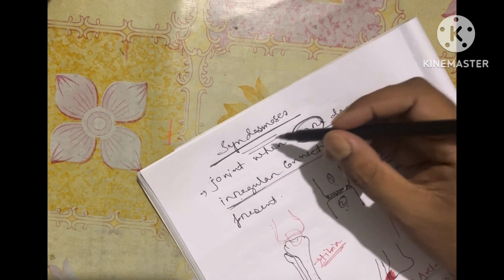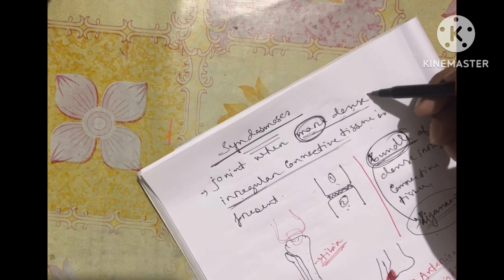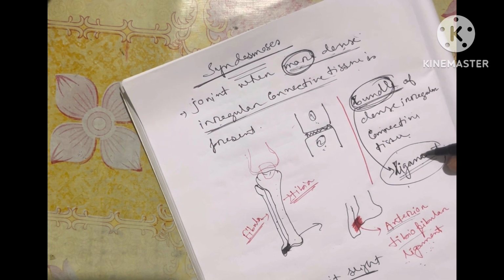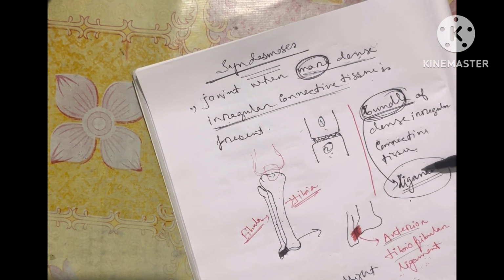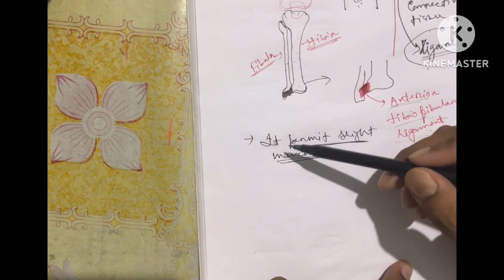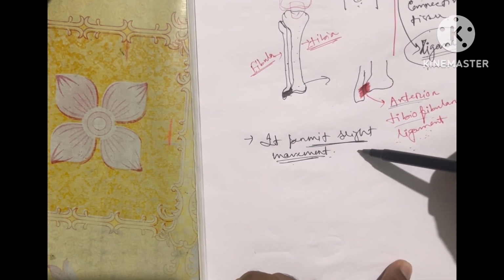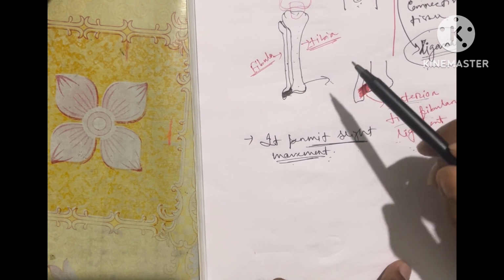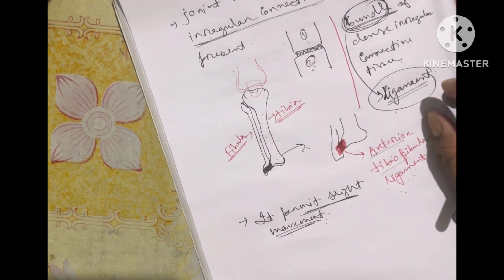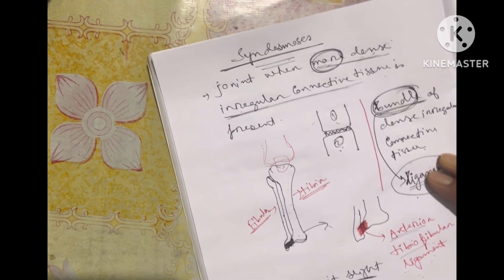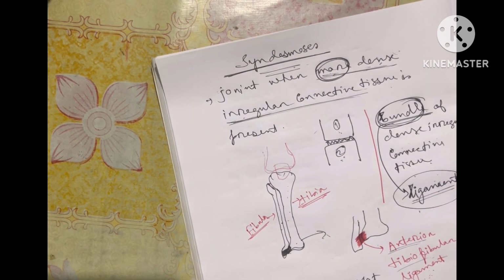So syndesmosis contains a ligament which connects both the bones and allows slight movement of bones. That kind of joint is called syndesmosis. So it is the second type of our fibrous joint.